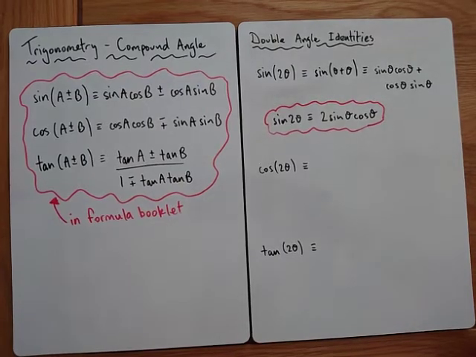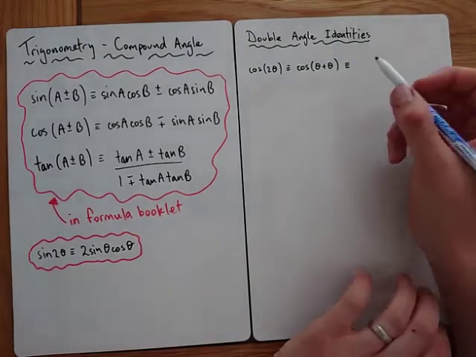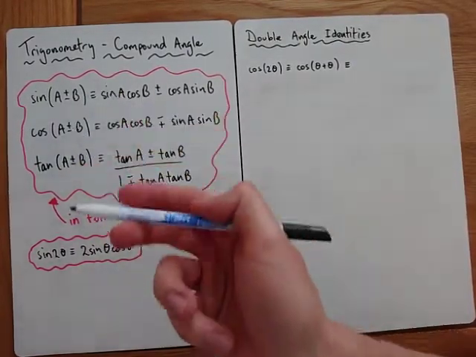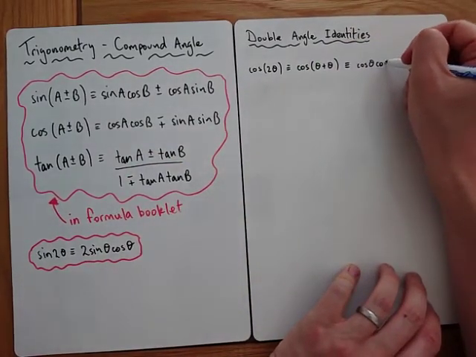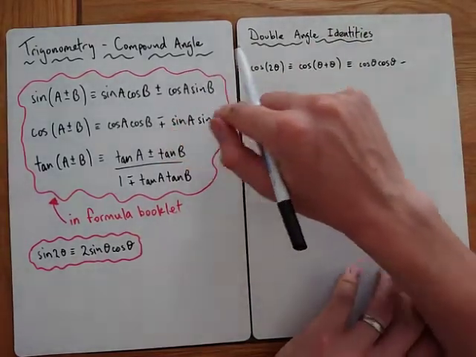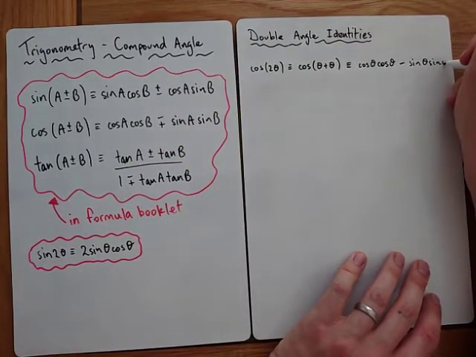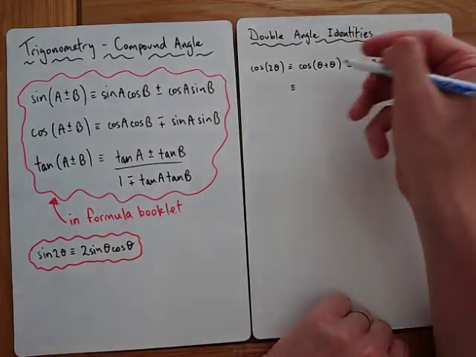Okay, so for cos 2 theta, we can write it as cos theta plus theta, so we're using cos of A plus B, and both of them are theta. That would give us cos theta cos theta minus sine theta sine theta. So we could obviously say that cos 2 theta is equivalent to cos squared minus sine squared.